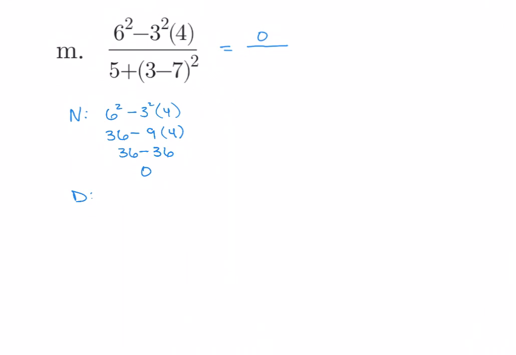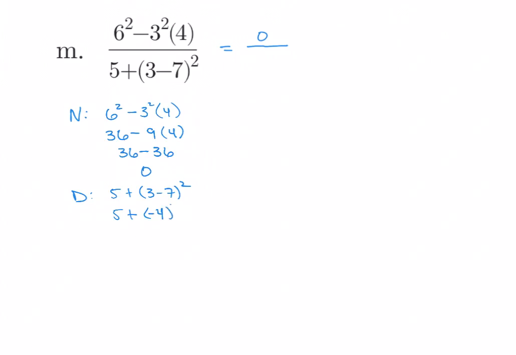All right, our denominator. For our denominator, the first thing we want to do is simplify the parentheses. 3 minus 7, we have positive 3 and negative 7. We want to subtract.